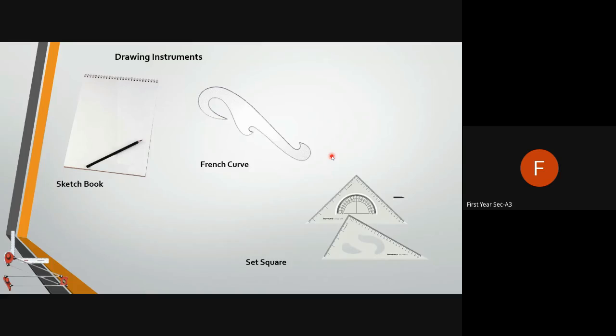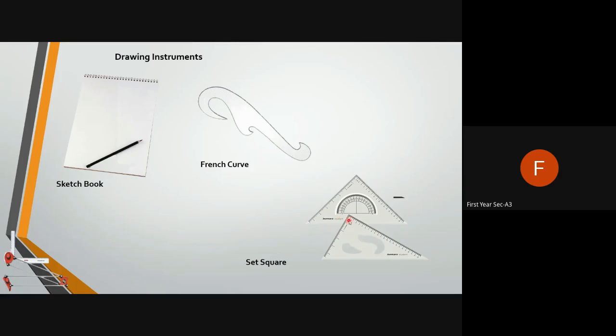When you come for engineering drawing class or graphics class, you have to carry the sketchbook, then pencils. This is known as French curve. Suppose you want to draw any curve like this, then you have to use this French curve. Then set square. These are the most essential things. Set square is used to draw parallel lines.